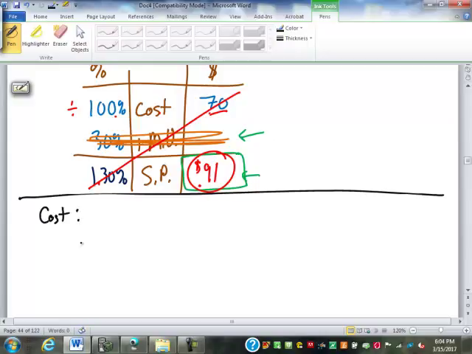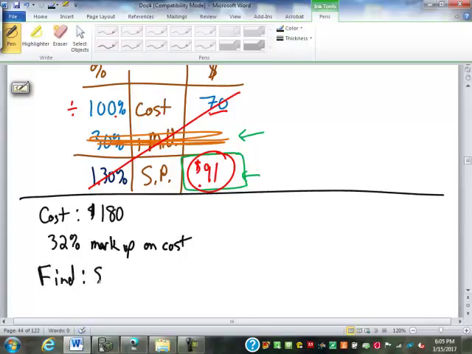So if we have an item that costs $180, has a 32% markup on cost.